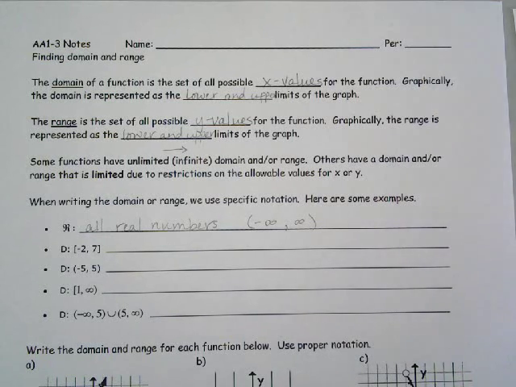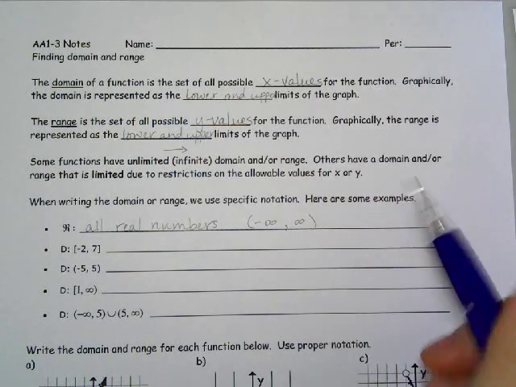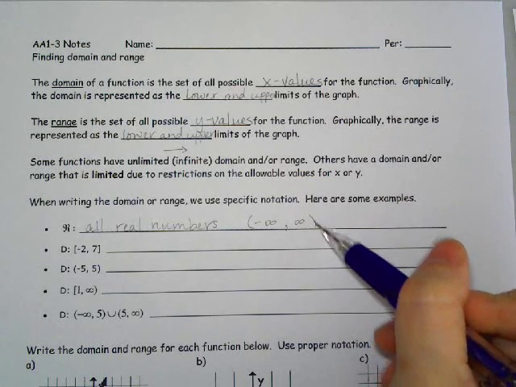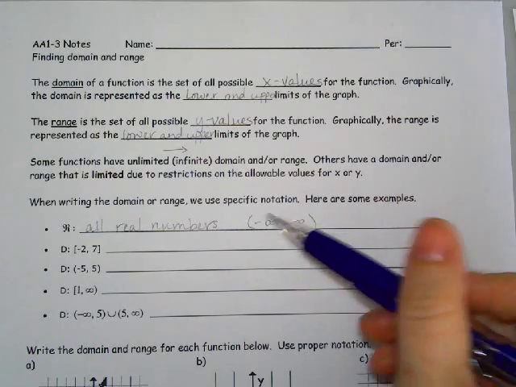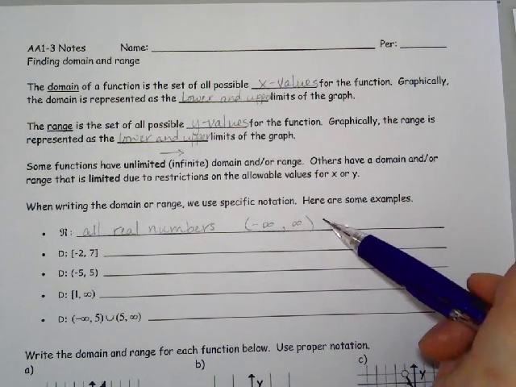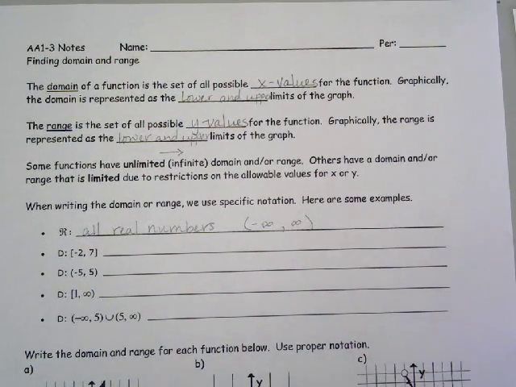The notation with the brackets and the parentheses. The parentheses indicate that that particular value is not included. So the reason we use parentheses for negative infinity and positive infinity is that you can't ever reach negative infinity or positive infinity, so we use the parentheses.